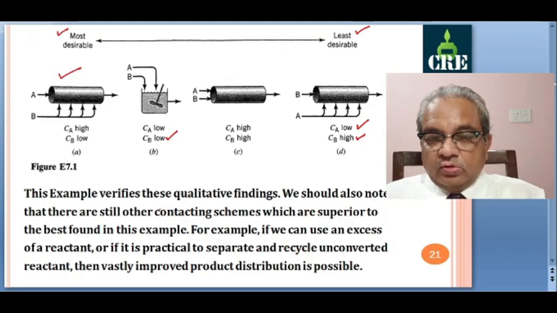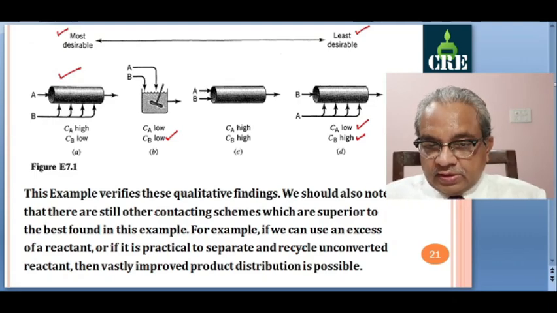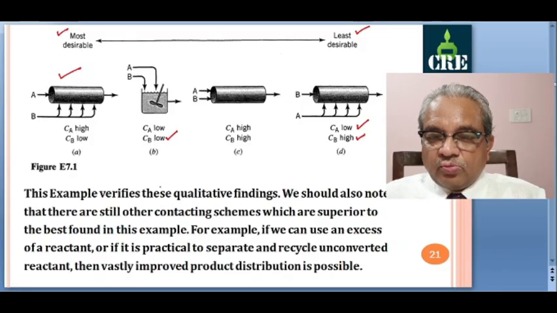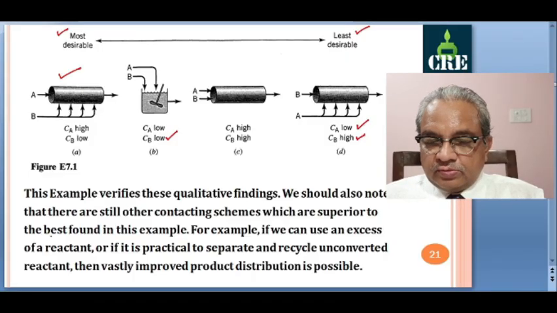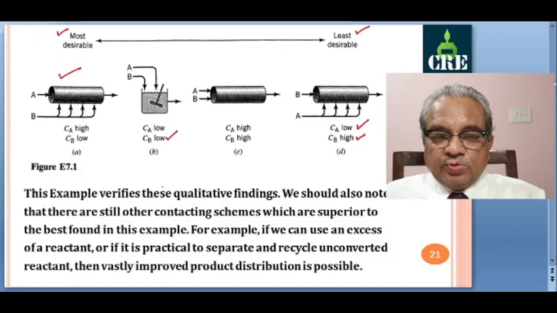If you put in a separator, that will of course add to cost and operating cost, but whether it is advantageous or not, those things we have studied in recycle reactors in an earlier chapter. So those possibilities are also to be considered.